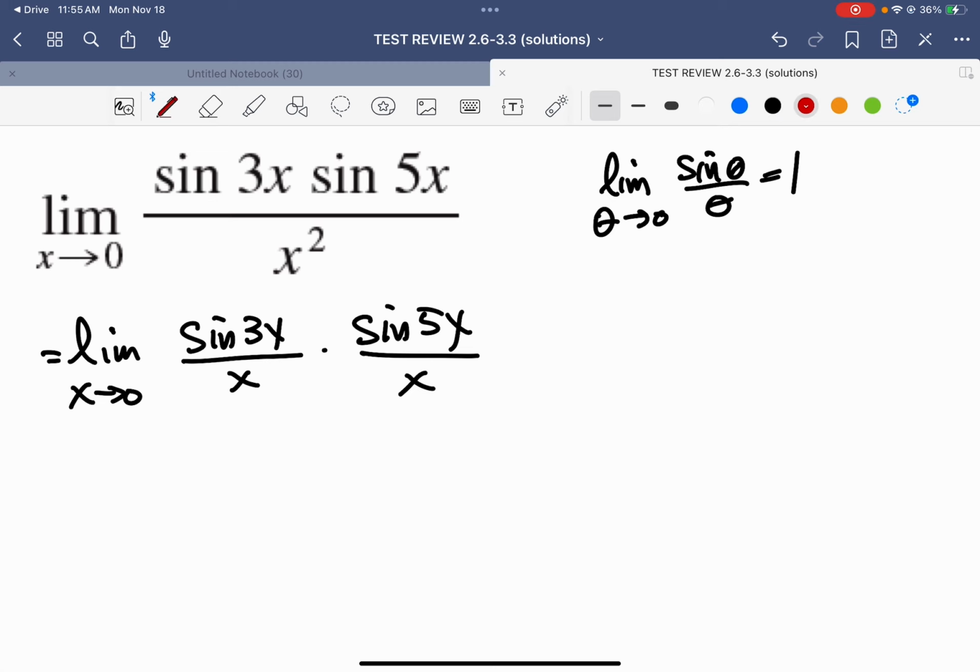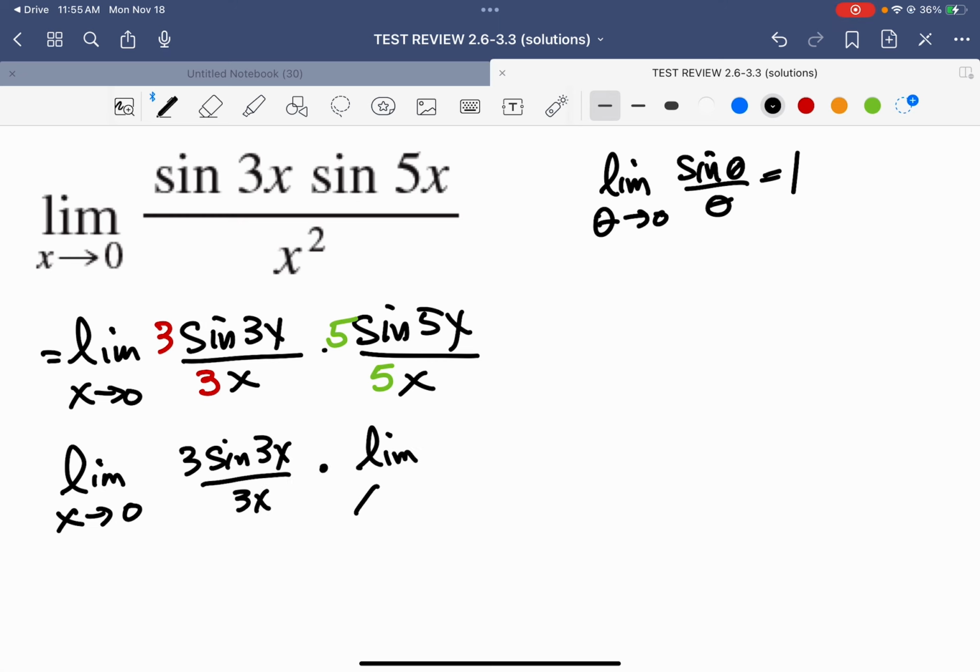So I wish this had a 3 on the bottom, but the only way that can happen is if I multiply it by this well-chosen one. And the only way that this can have a 5 on the bottom is if I multiply it by that well-chosen one. And so the limit of a product is the product of these two limits, times the limit as x goes to 0 of 5 sine of 5x over 5x.